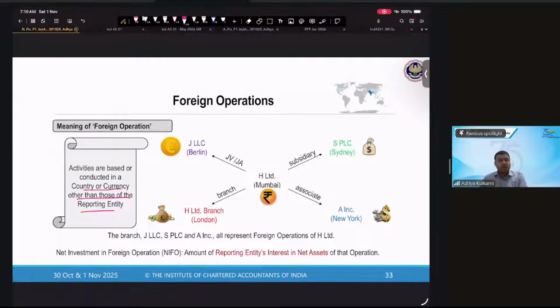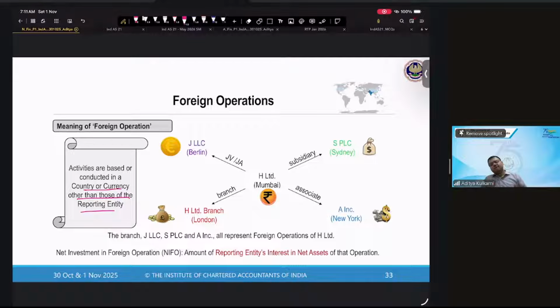It is having a branch office in, let us say, London. So this is a separate operation. It's not a separate entity, but it is a branch. So there you have the pound sterling that becomes your functional currency. And you also have an investment in an associate, that is A Inc, which is based out of New York, where the US dollar is your functional currency.